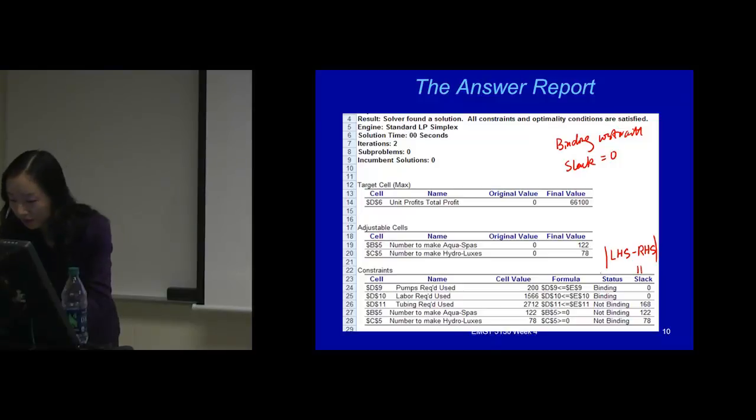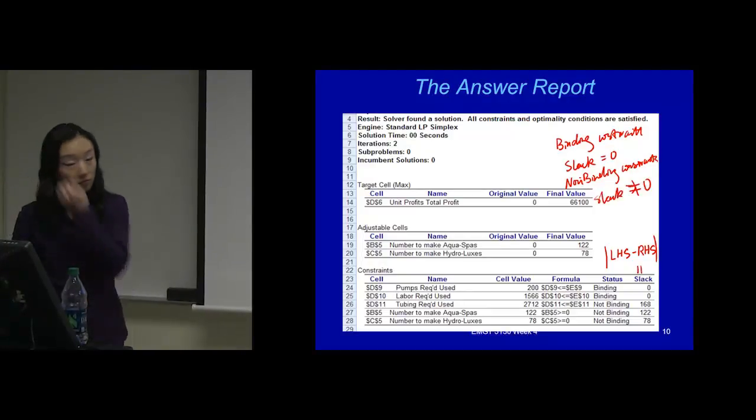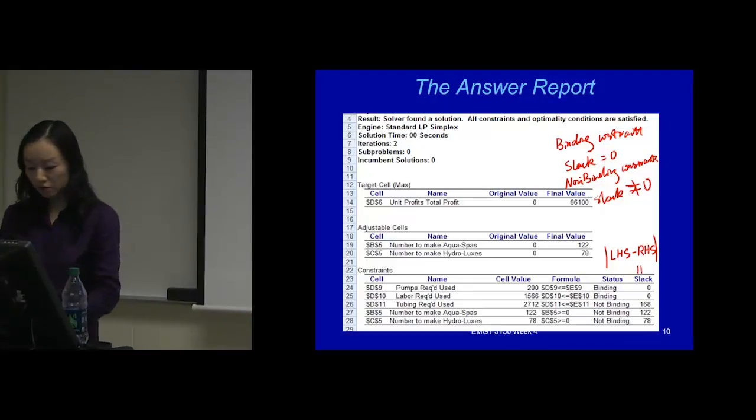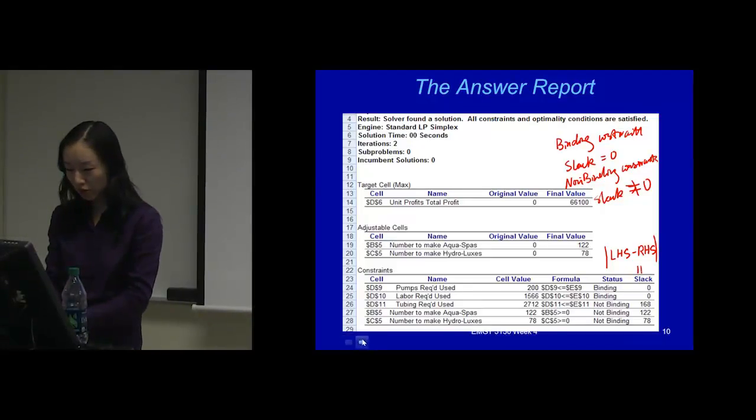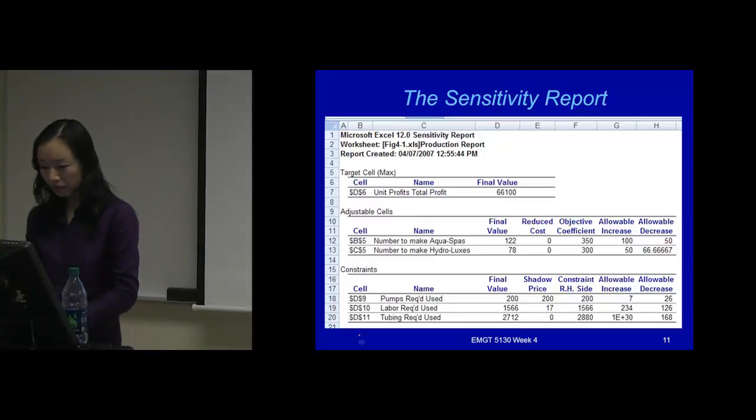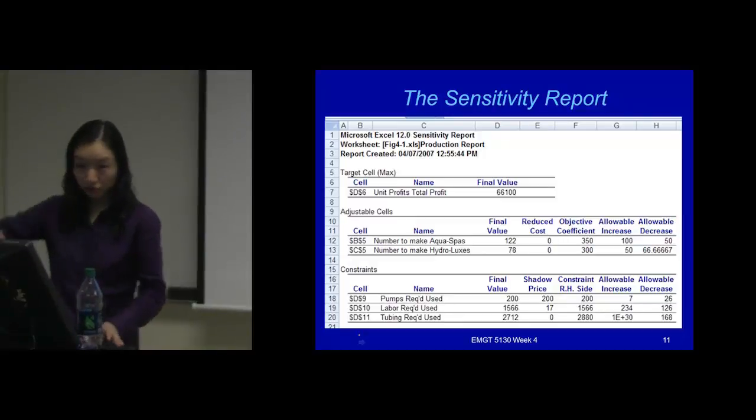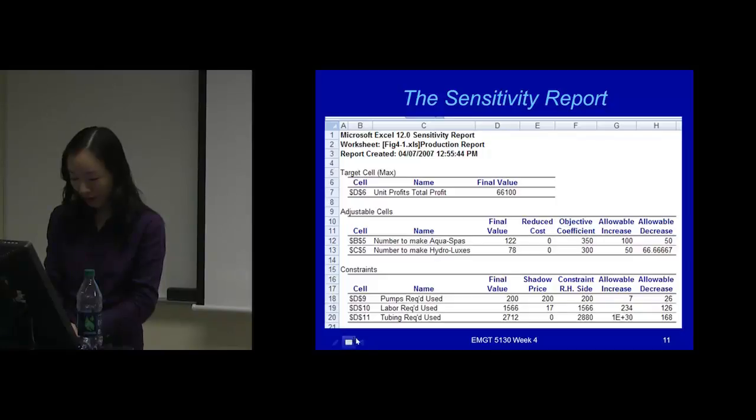And a non-binding constraint, the slack is not 0. It's always non-zero. Okay, so that's what I want to talk about for this answer report, just pointing out that if it's a binding constraint, then the slack is zero. Then this next part is what we're going to focus on. So this sensitivity analysis report is what we're going to look at.